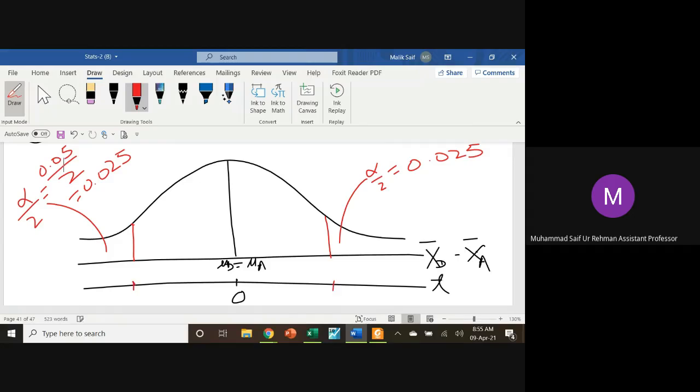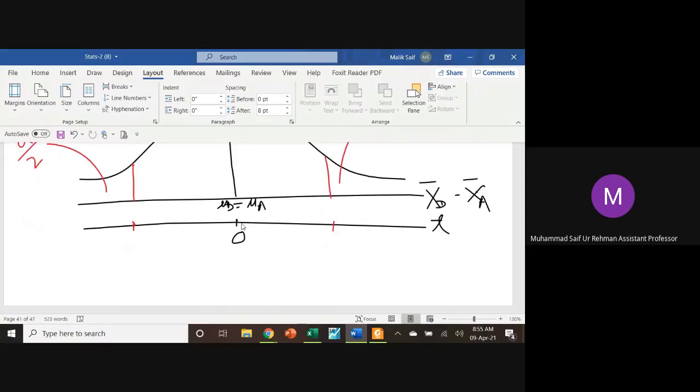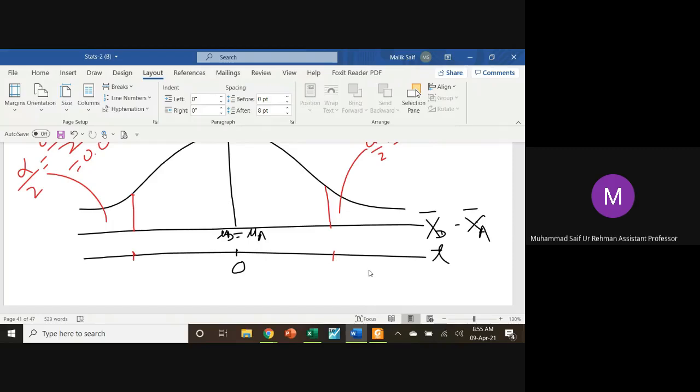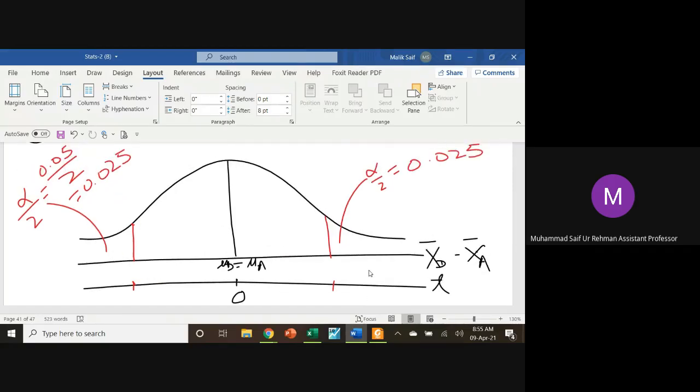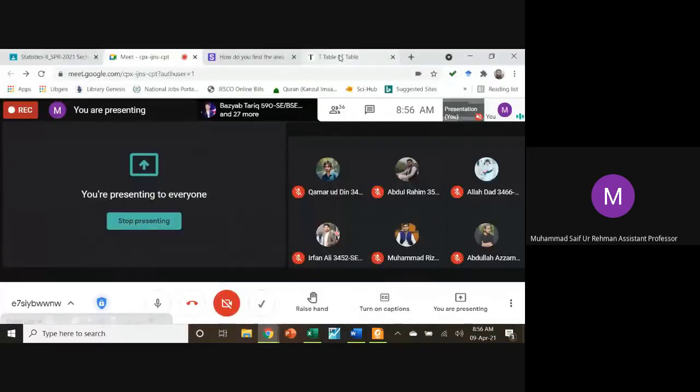I mean, the value that will be at this particular point, at this point, and at this point. So how will you find that? Now you have to use the degree of freedom and the level of significance. You may use the T table. This is your T table.